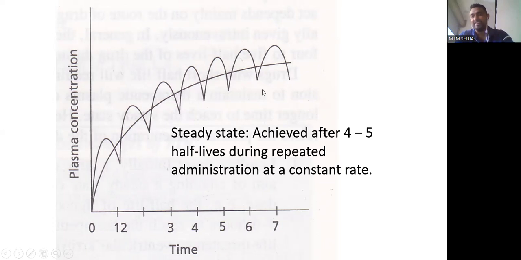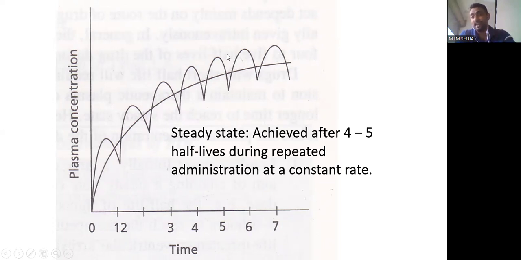Okay. After 4 to 5 T-half, or 4 to 5 doses, if you are giving those doses exactly at the T-half, you will get a kind of plateau. That means steady state concentration in this range.